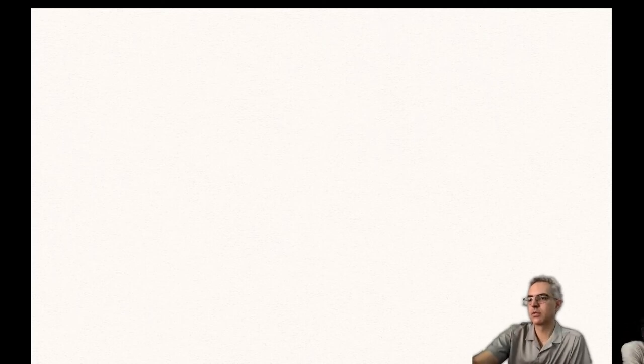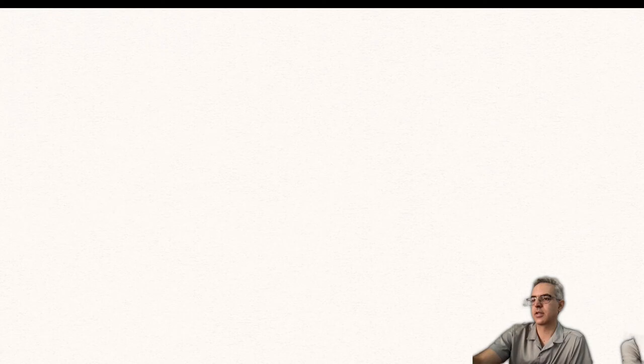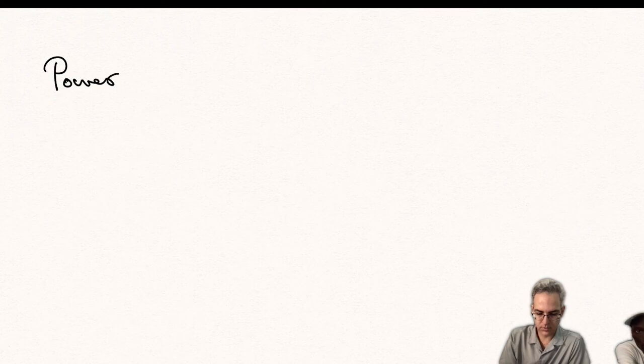Okay. So let me start a fresh file here. Actually, I think I prefer to put it down like that. Well, you can see it up there too, I suppose. So we have covered the power and quotient rules.